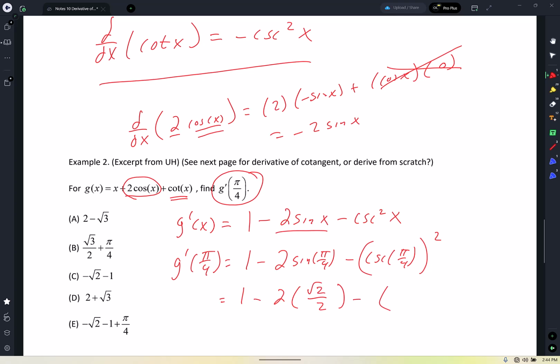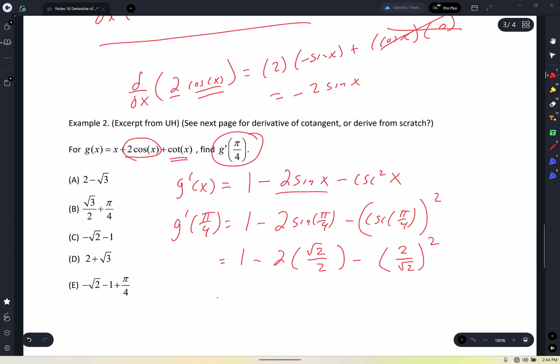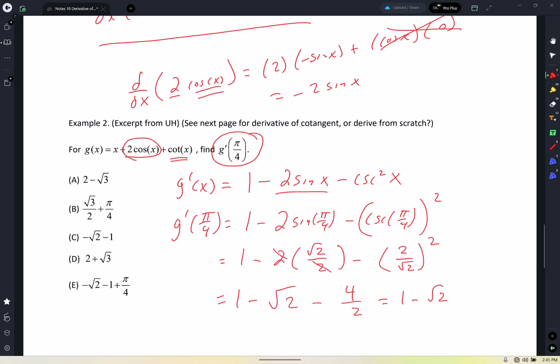Minus, and then cosecant is a reciprocal of sine, but they're being nice. We're in quadrant 1, and it's pi over 4. So 2 over square root of 2, and then square it. These 2's cancel out, you get square root of 2. Minus, 2 squared is 4, square root of 2 squared is 2, so that becomes 4 over 2. So that's 1 minus square root of 2 minus 2. You don't have to do all those steps. You could have done it immediately: negative 1 minus square root of 2.